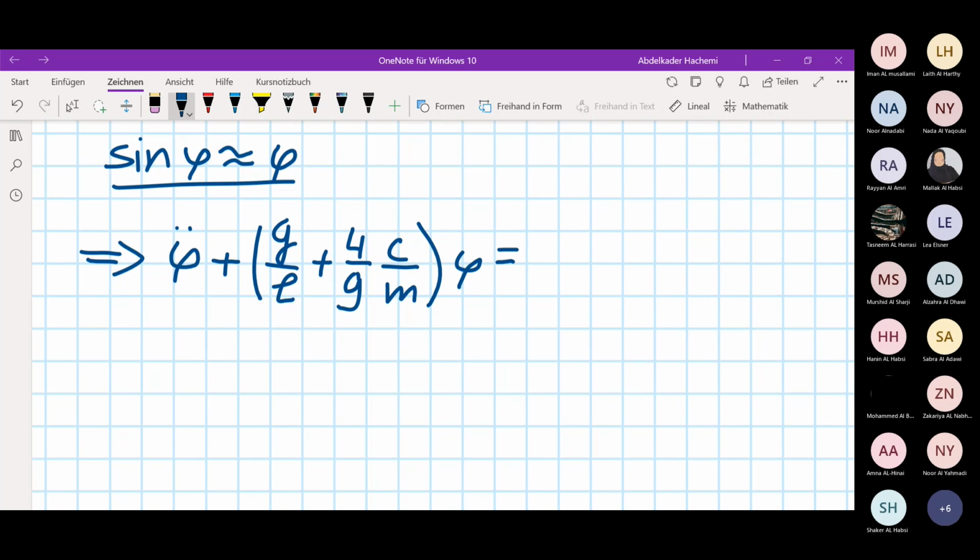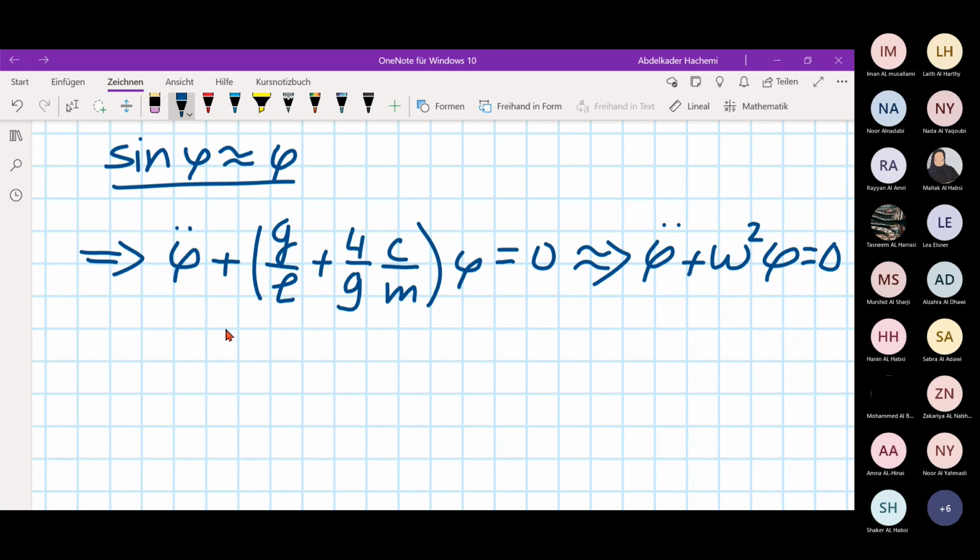This will be equal to 0. Now, if we look at this equation, it is equivalent to the form phi dot dot, this is the differential equation, plus omega square multiplied by phi equal to 0.